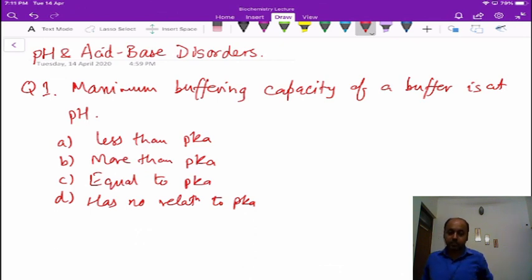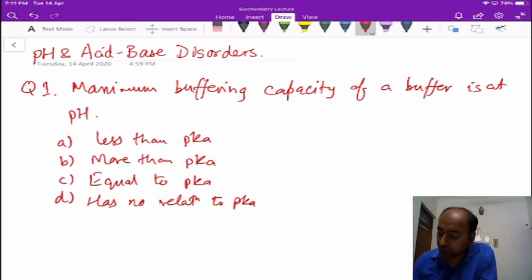Please try to give the answer to this question. Maximum buffering capacity of a buffer is at what pH? Less than pK, more than pK, equal to pK, has no relation. Okay, Jeff says equal to pK. Anyone else? Okay, Simrat, Jigar, answer again the same, equal to pK.